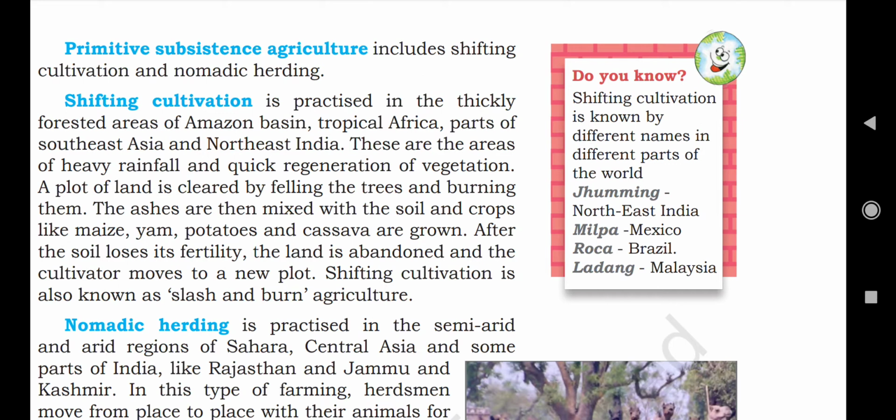For example, this month a farmer uses 2 vigha for this type of cultivation, and next month he shifts to the next plot, then the next month to the next plot. That's why this is called shifting cultivation. Shifting cultivation is also known as slash and burn agriculture.